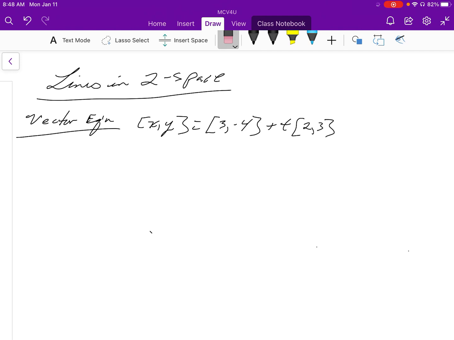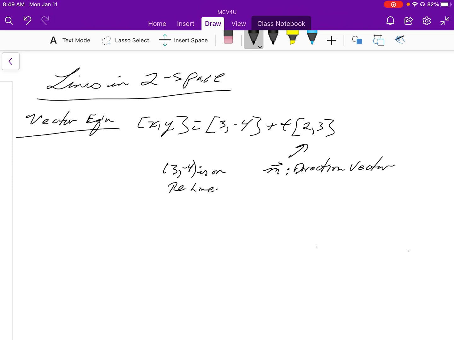What we know from here is that this is our direction vector. Similar to slope, it gives us the direction we're going into. We also know that the point 3, -4 is on the line.